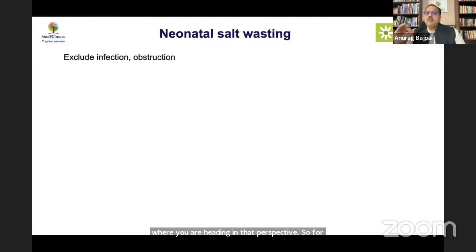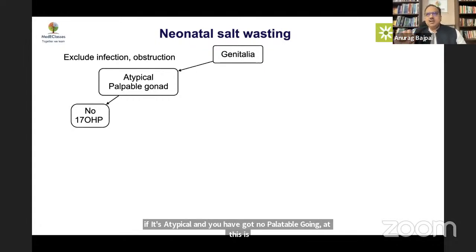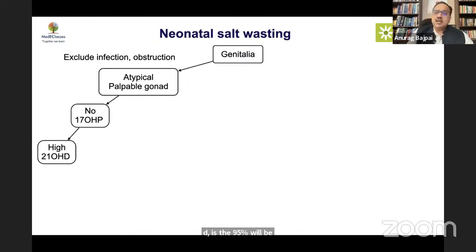So for the neonate with salt wasting, hyponatremia, hyperkalemia, exclude infection and obstruction. Look at genitalia. If it's atypical and you have no palpable gonad, this is XX DSD, 95% will be CAH, 21-hydroxylase deficiency. Get a 17-OHP done. If it's high, this is 21-hydroxylase deficiency.